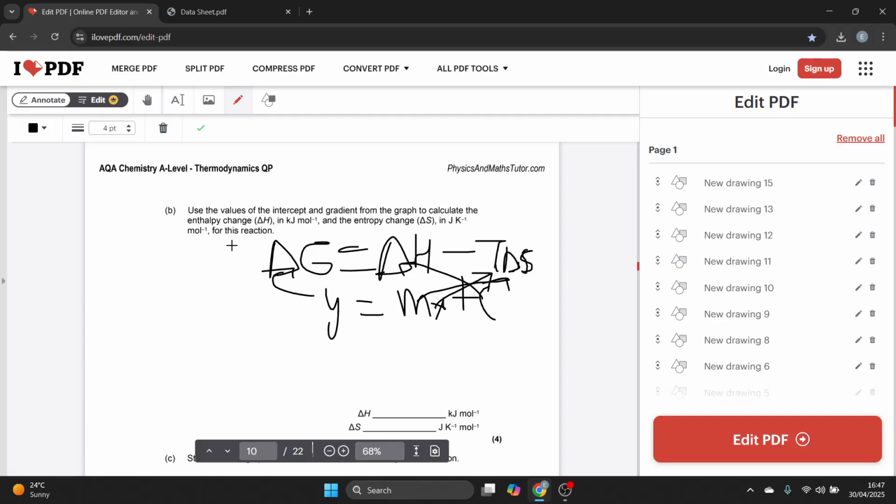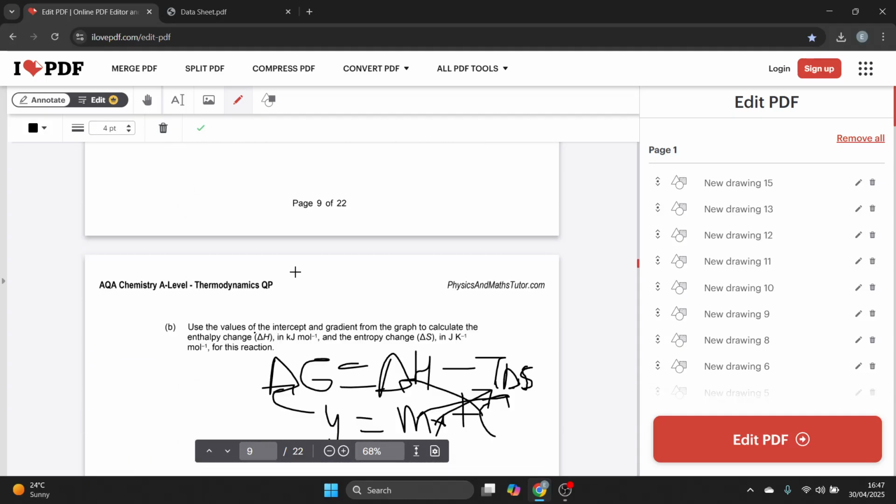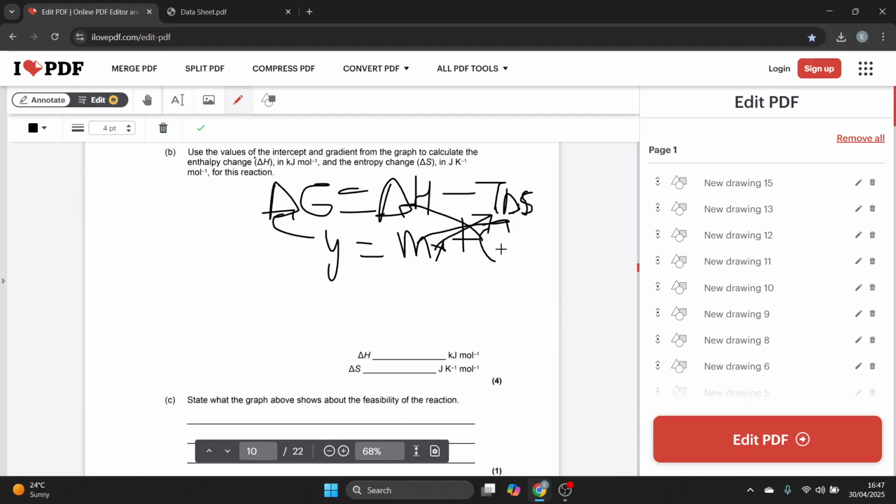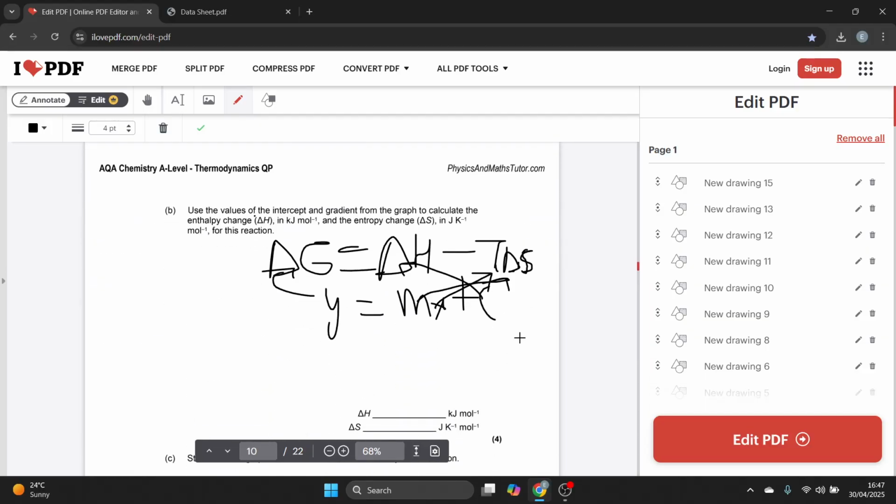Okay, now it makes a lot more sense. So I know delta H is c, which is also known as the y-intercept.